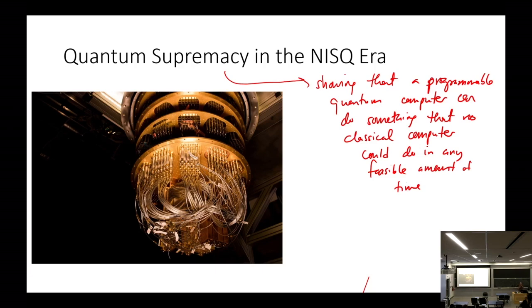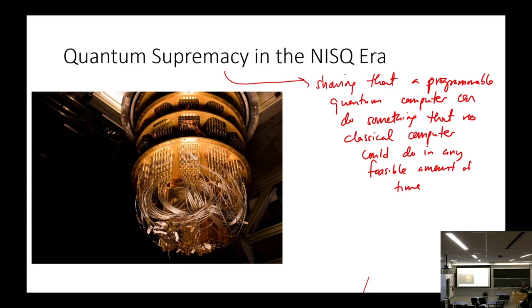We had 54 qubits, 53 of them actually worked, and we did a series of operations in 200 seconds that would take a regular supercomputer 10,000 years to do. They validated and verified that, stood by it, and then IBM walked in and was like, that's an excessive claim, because if you use our supercomputer, they had the best one at the time in 2019, it's called Summit, it can do the calculation that the Google quantum computer did in 2.5 days. So not quantum supremacy.